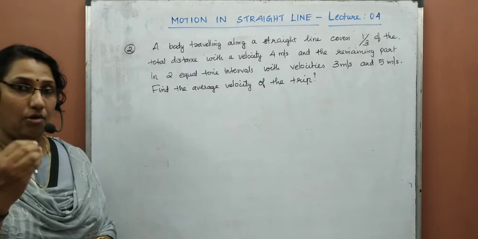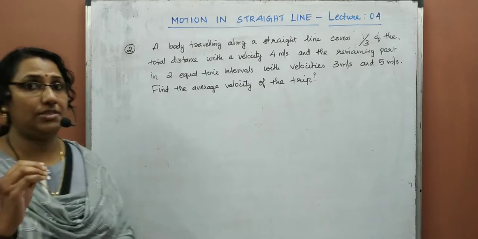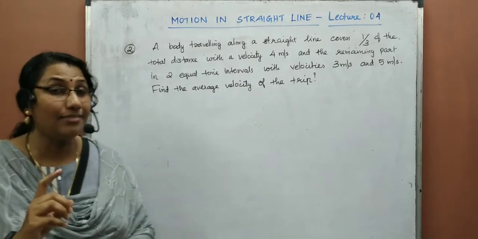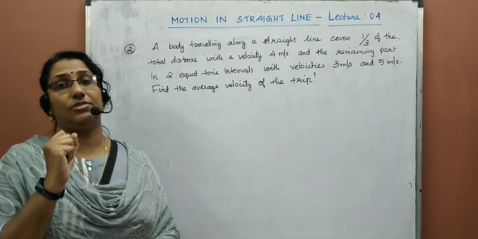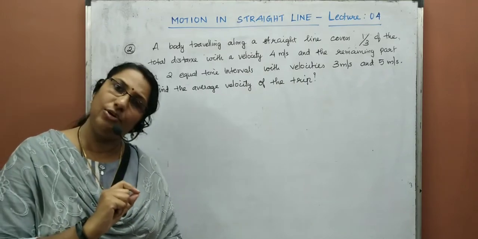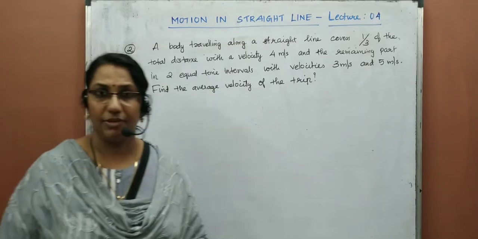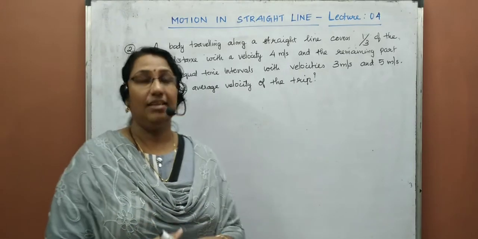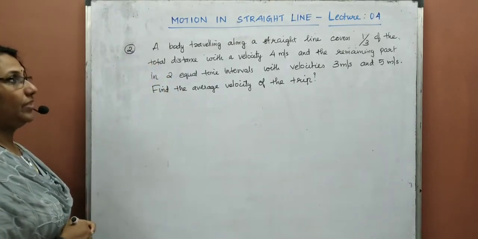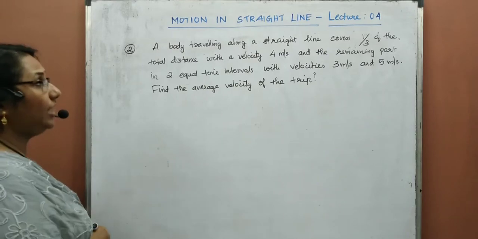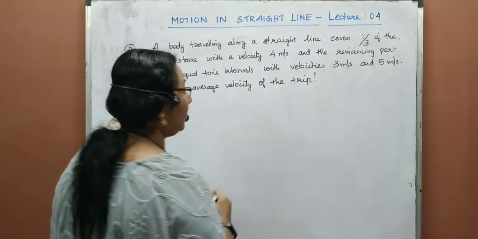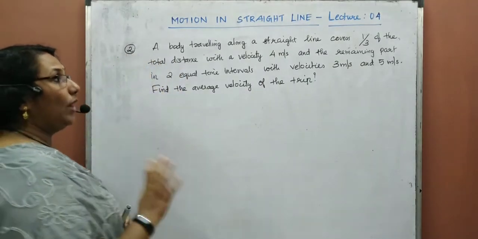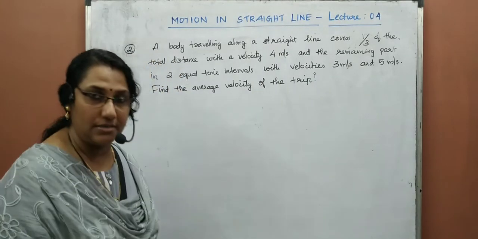Read the question. Okay, always when a numerical question is given to you, you have to read the question 2 times. You have to understand the question, then only we can do it correctly. Okay, you have to practice that. So, in the question, it is given that a body traveling along a straight line covers 1/3 of the total distance.